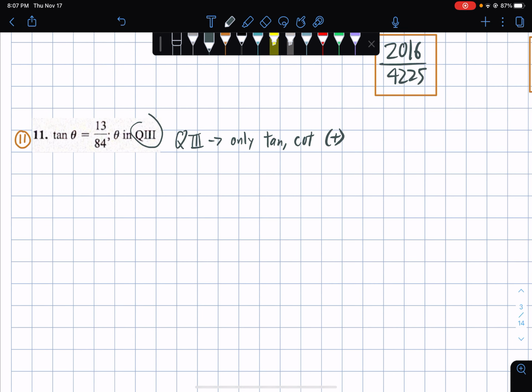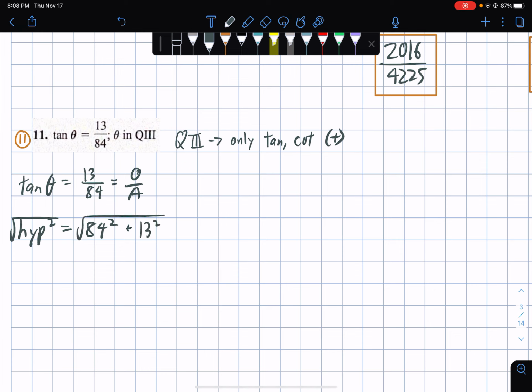So in quadrant 3, again, only tangent and cotangent are positive. As you can see here, the fraction is positive. So let's look for the hypotenuse. That's the missing value. The hypotenuse is 85.